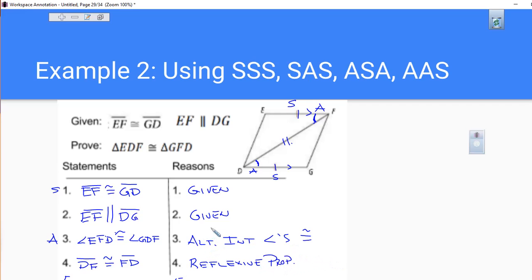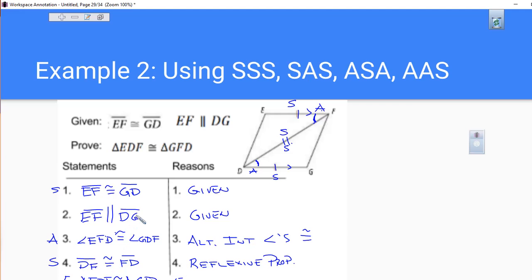Okay, so now we have another side length, and so as we look here, we have a side congruent to another side, so we got S. The angle is in between the two sides, so now we can say that our triangle EDF is congruent to triangle GFD.